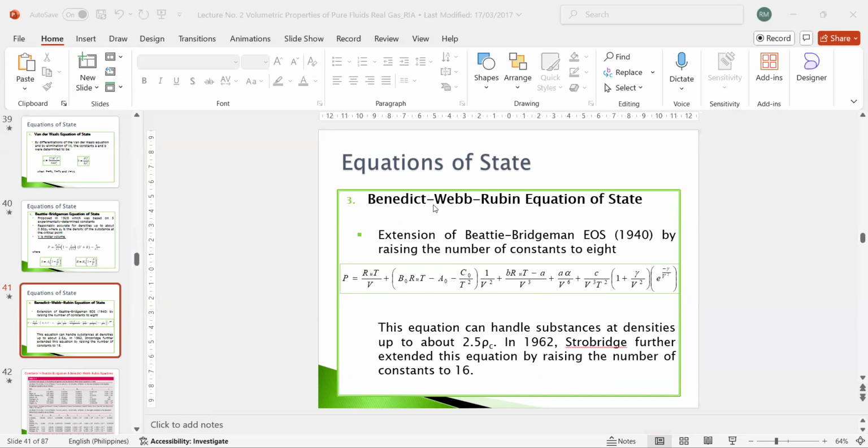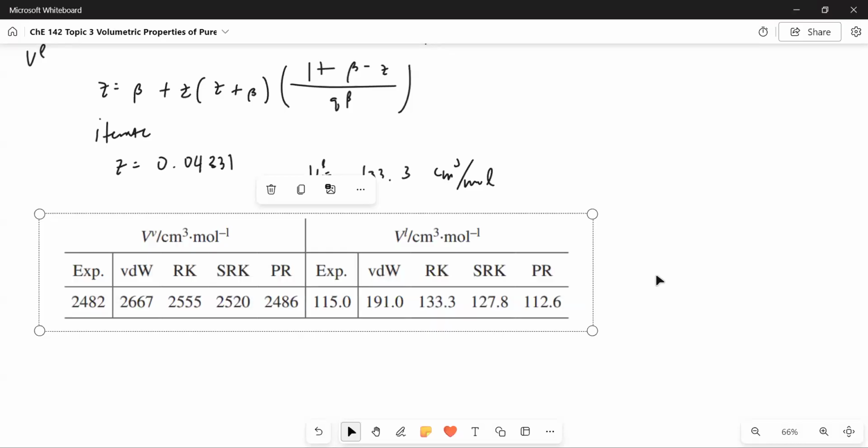I guess these people, the names of the equations of state, maybe these people are graduate students and these are their theses, about establishing an equation of state. If you're interested in your graduate studies, you can pursue establishing a new equation of state as well. But the equations of state that we have presented to you are the more or less established ones. That's why they are already included in books.